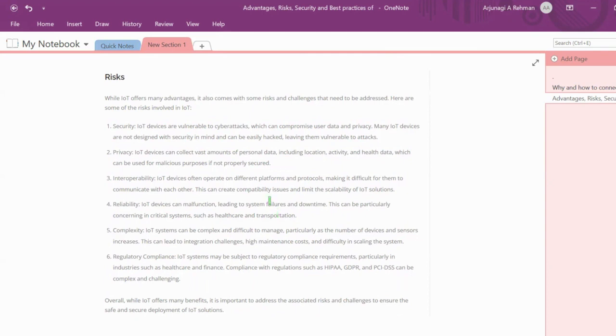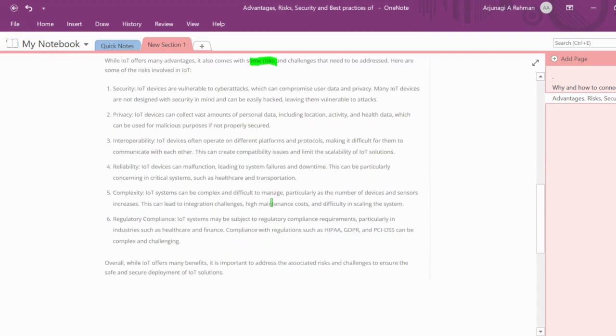So while IoT offers many advantages, it also comes with some risks and challenges that need to be addressed. Here are some of the risks involved in IoT. First thing is security.